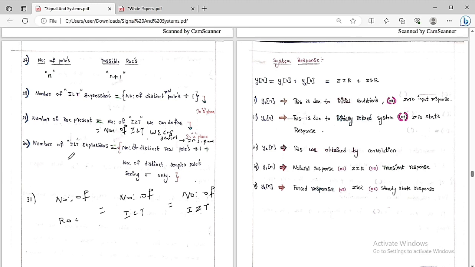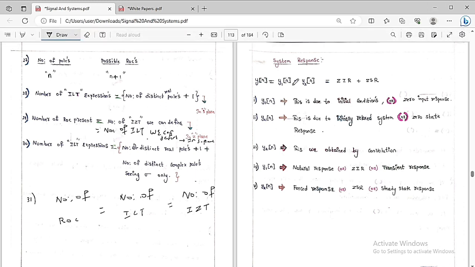So finally I can say that the number of ROCs possible is equal to the number of ILT expressions or the number of inverse Z transform expressions. So just by seeing the graph, we can say which ROCs are possible, and by drawing the graph, we can tell where the ROCs are present and where we can get the expressions, and we can easily get them. So these things always you have to keep in your mind.